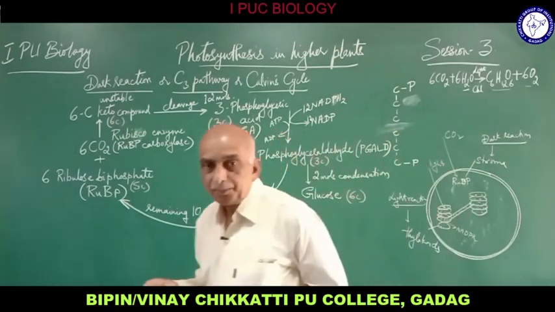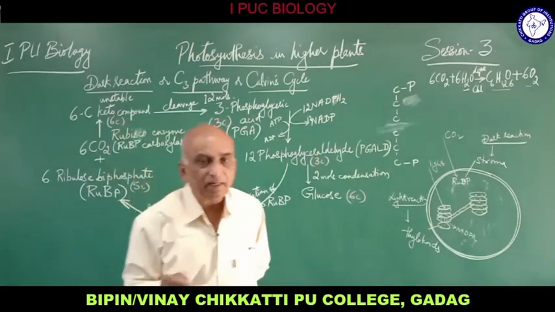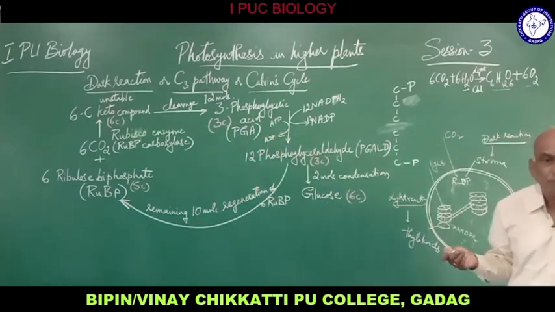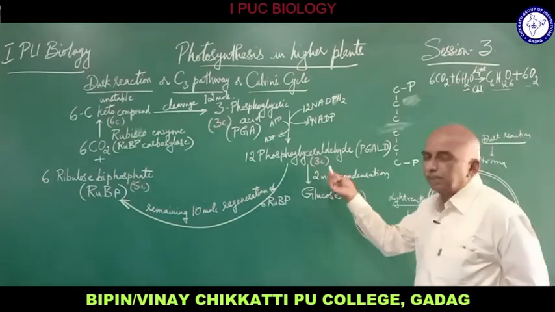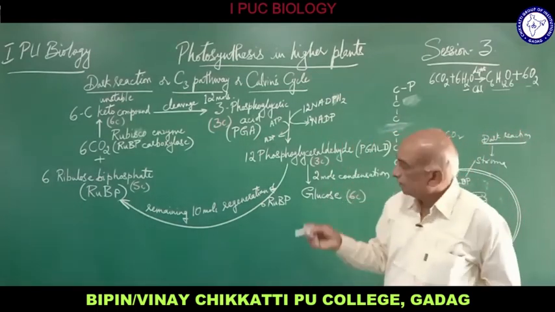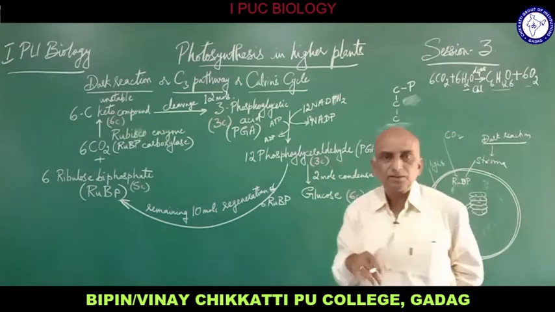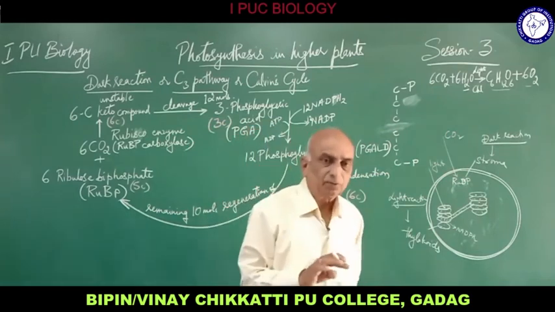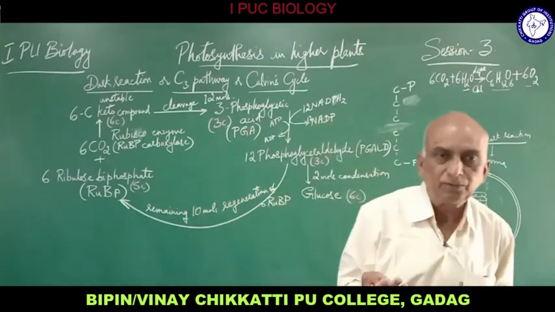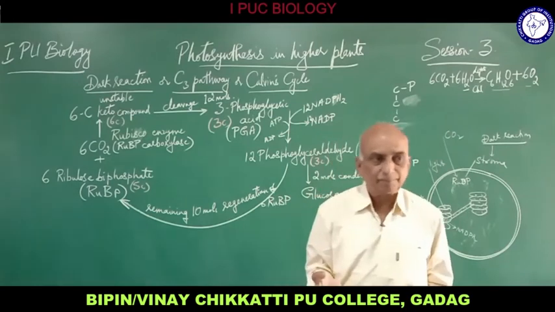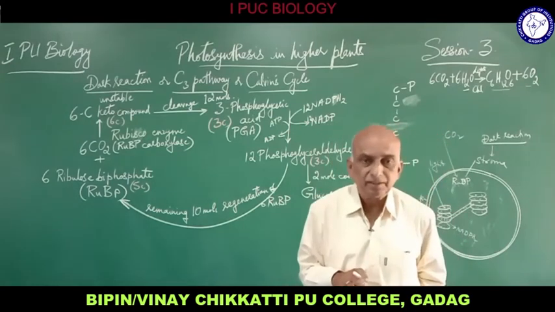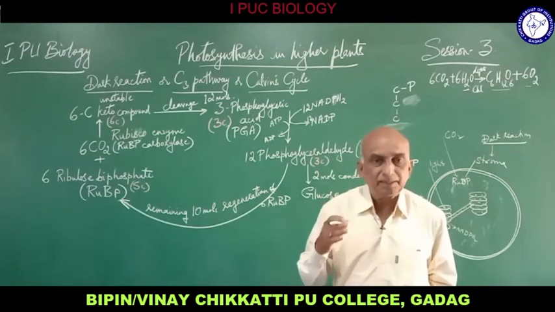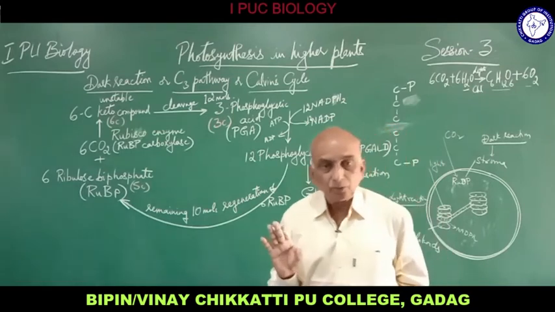Now out of the 12 PGALD, 2 PGALD undergo condensation. They condense to form 1 molecule of glucose, where again intermediate compounds are there, which I have already mentioned. 2 PGALD form fructose 1,6 bisphosphate, and fructose 1,6 bisphosphate is converted into fructose 6-phosphate. It undergoes isomerization to form glucose 6-phosphate. Again glucose 6-phosphate, by the removal of the phosphate, forms glucose.